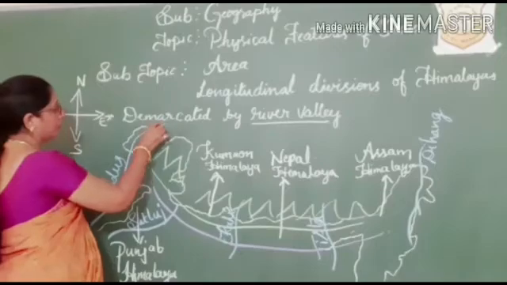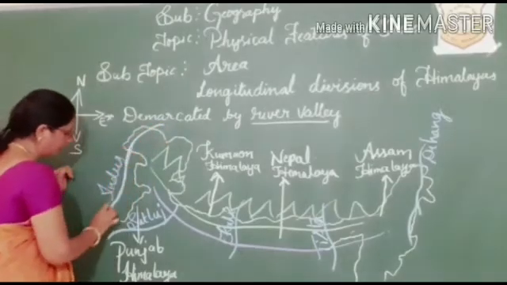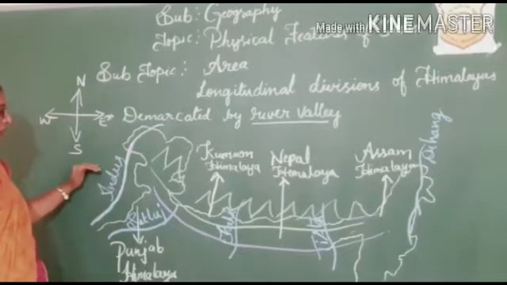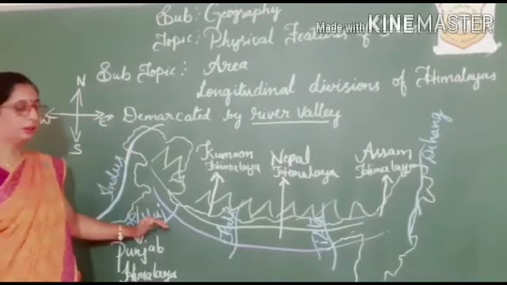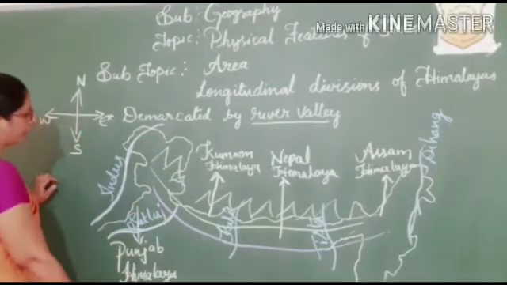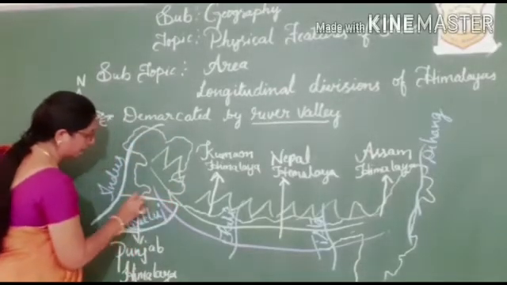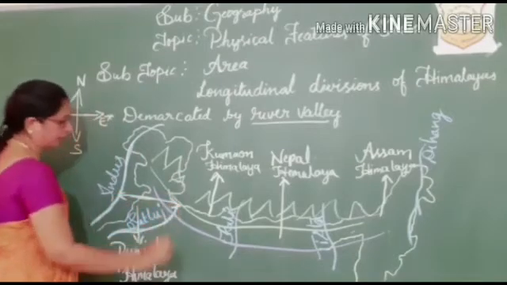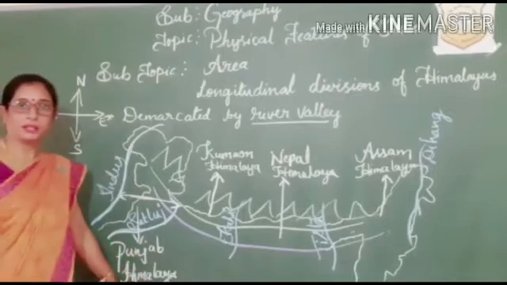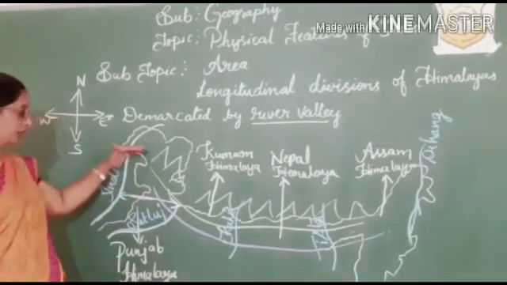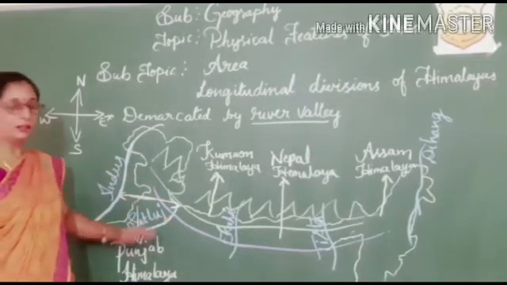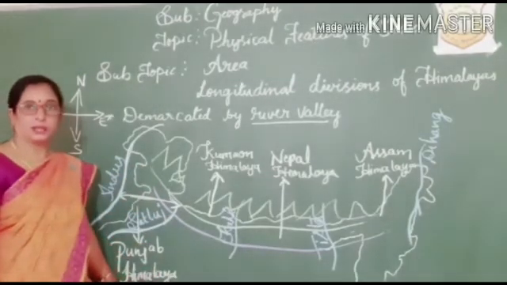Children, here you can see in the northmost area, western India, there is the Indus river and the Sutlej river. The Himalayan ranges which lie between the Indus and Sutlej are called the Punjab Himalaya.